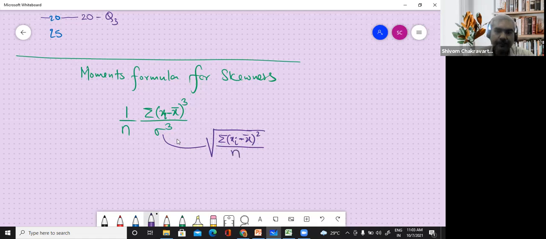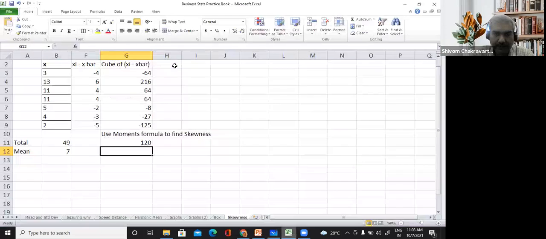To calculate the standard deviation, we need all xi minus x bar and their squares. So let us add one more column, the square of xi minus x bar.